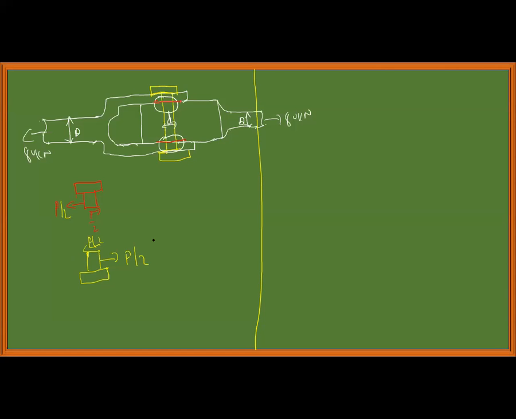So the total force is F. This side opposes F by 2, and this side opposes F by 2. So for understanding, what you should assume is half of the load is shared by the upper part of the bolt, and the rest is shared by the below part. This is the understanding. Generally there is a confusion which I'll clarify for you.